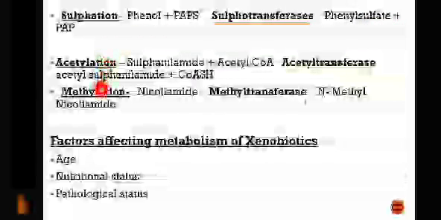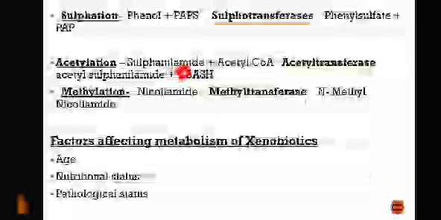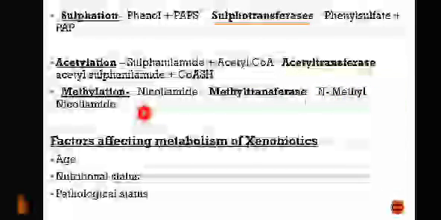Next is acetylation. Here, sulfonamide reacts with acetyl coenzyme A in the presence of acetyl transferase, forming the product acetyl sulfonamide and coenzyme A. Next is methylation, when nicotinamide in the presence of methyl transferases reacts and forms N-methyl nicotinamide.